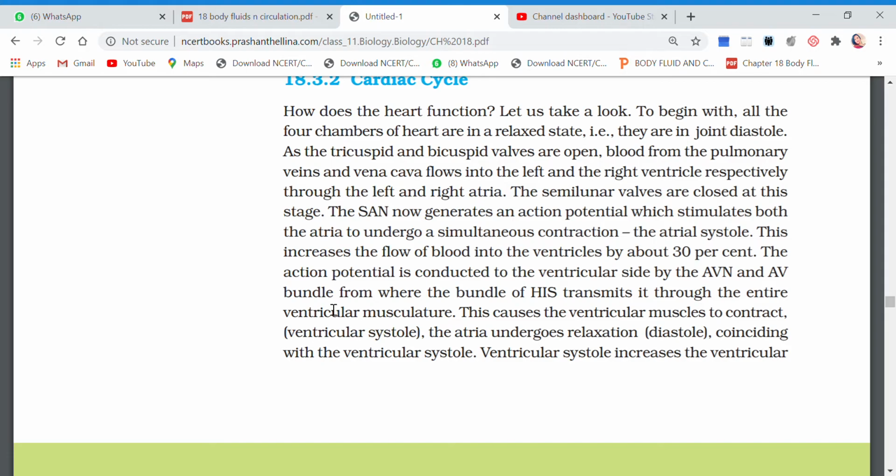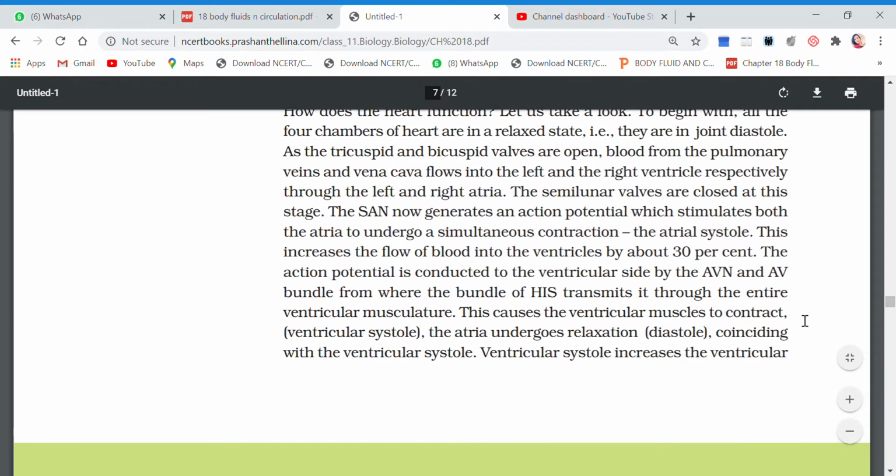Now when the action potential has reached the ventricular musculature, what will happen? The ventricles will contract. That means now it is ventricular systole. Right? Now when ventricles are contracting, the auricles have undergone contraction and now they are relaxed.